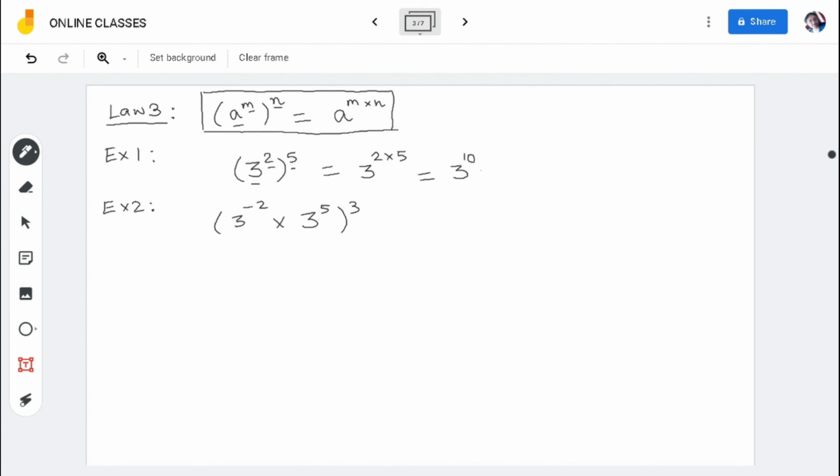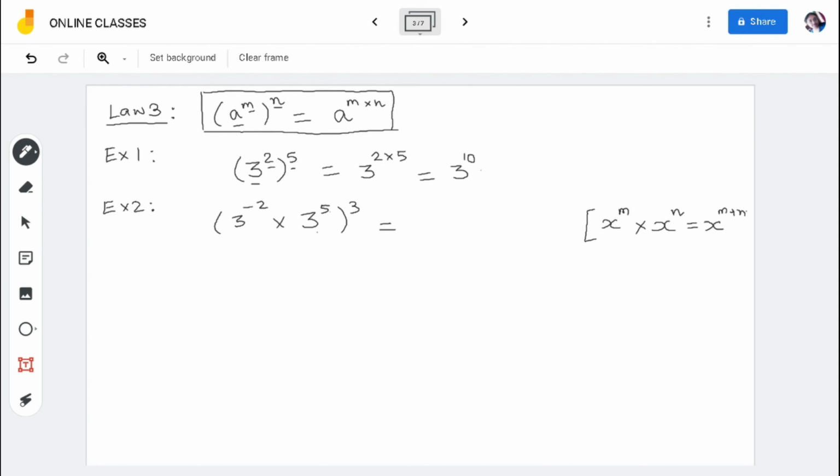The first law says that a to the power m into a to the power n. So we are going to apply law number 1 inside this bracket. What this law says is that if x to the power m is multiplied with x to the power n, that will be equal to x to the power m plus n.